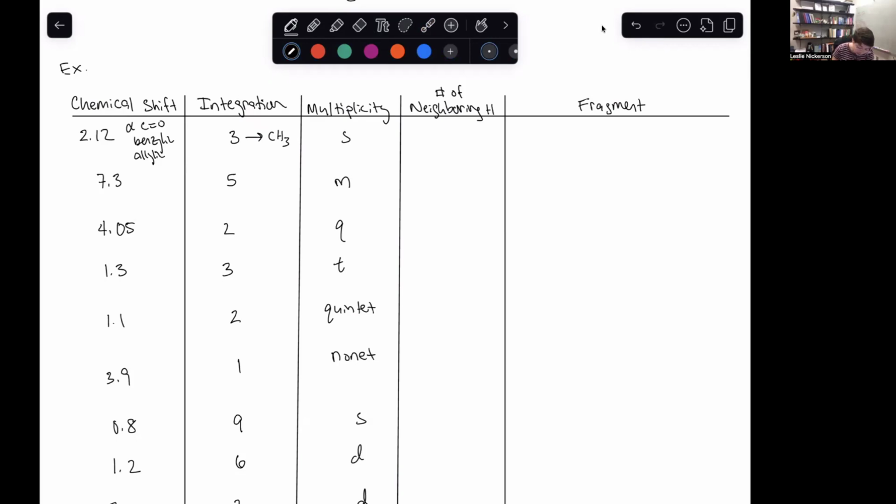And a multiplicity of a singlet means that I have 0 neighbors. So I'm looking at some sort of methyl group that's maybe next to a benzene. Just trying to draw this in a way that's legible.